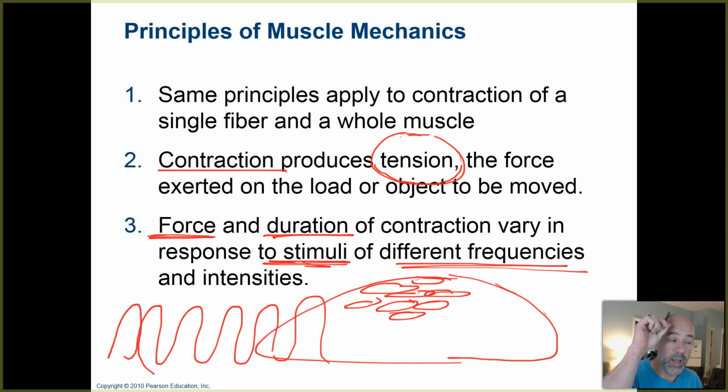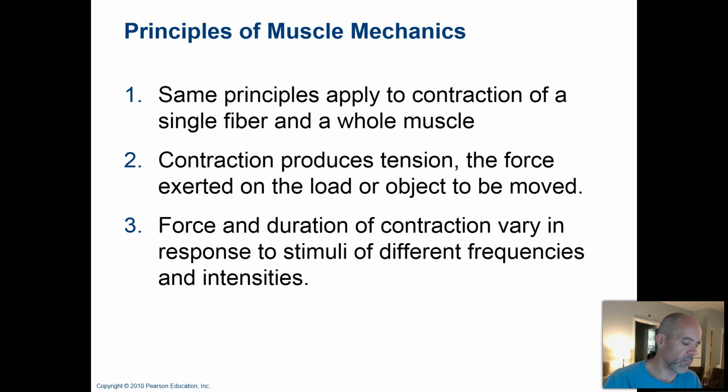And so that's how the brain is able to very smoothly and in a very precise way control the amount of force that you generate in your muscles. Imagine if you couldn't do that. We would be very uncoordinated if that wasn't able to happen.